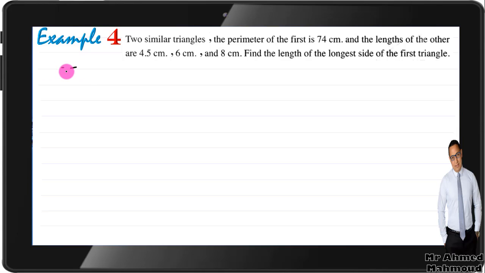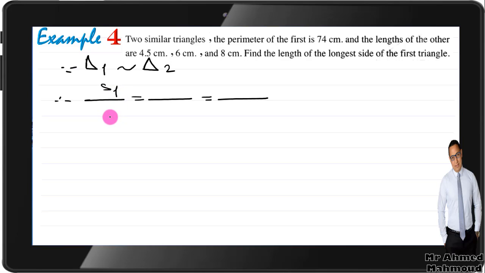Since triangle 1 is similar to triangle 2, therefore S1 over 4.5 equals S2 over 6 equals S3 over 8 equals the perimeter of the first polygon, which is 74, over the perimeter of the second polygon, 4.5 plus 6 plus 8 equals 18.5.